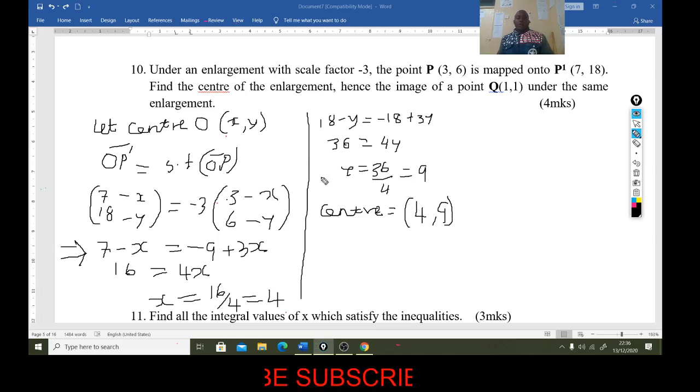Now I use the same procedure to find the image. I use the same formula so that I am able to find the image, under the same enlargement, if this is the object.